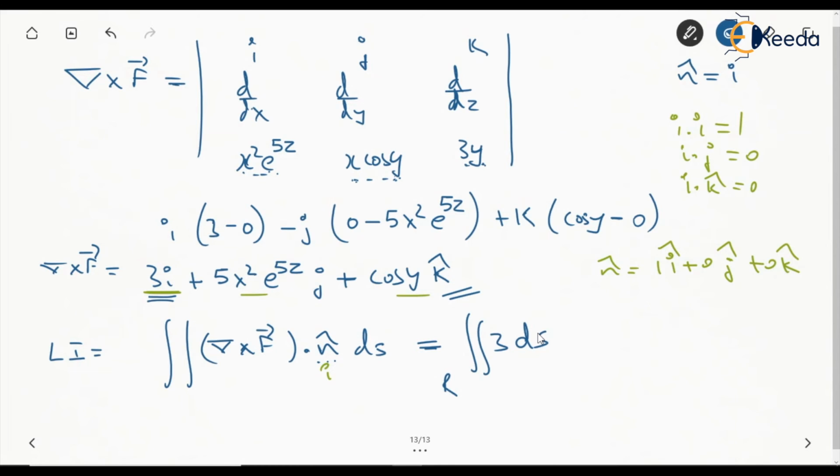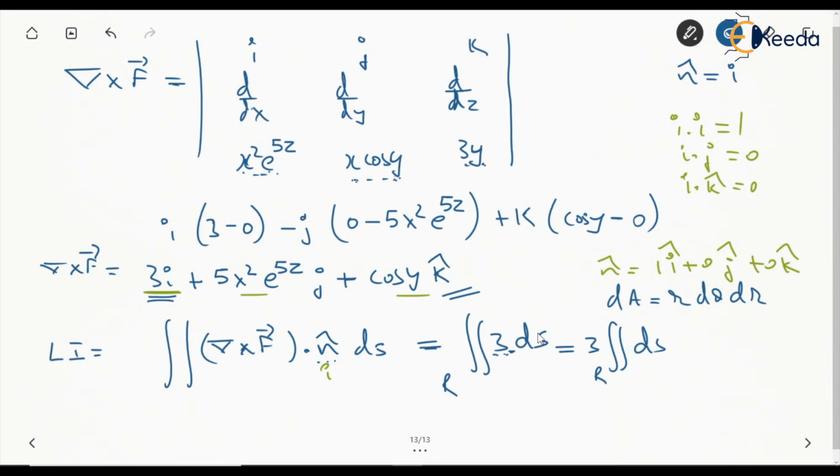Also, since this is a circle, we could write ds as r dr d theta. But the point is, there is no variable or coefficient in terms of any of the variables. There is only one constant 3, which can be taken outside as 3 times the surface integral of ds.